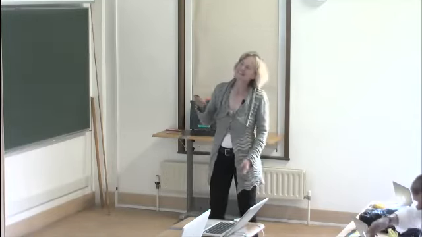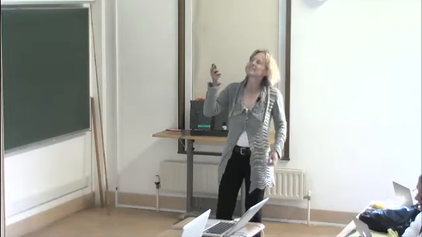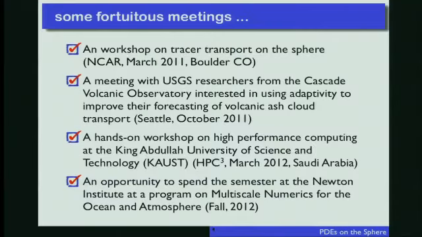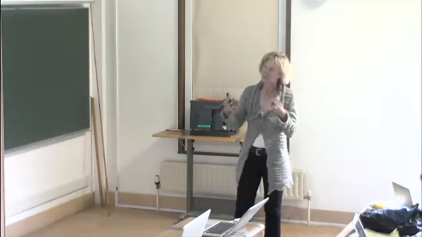So I didn't get off the ground until several fortuitous things happened in the last year and a half or so. I went to a workshop at NCAR, organized by Peter Lauritzen, on tracer transport on the sphere, and that was a nice entry point for someone interested in this area, because you get to meet a lot of the people, look at the problems they worry about, and the benchmark examples are easy enough to start with without a lot of physics in it.